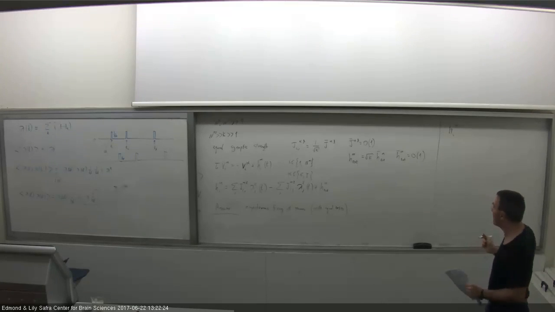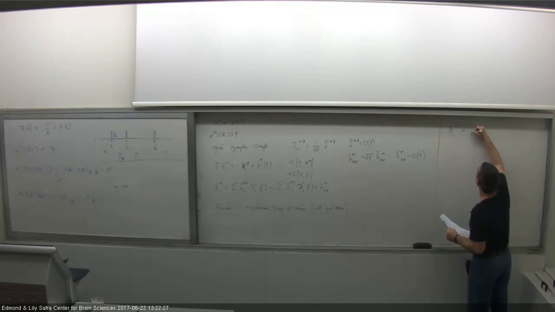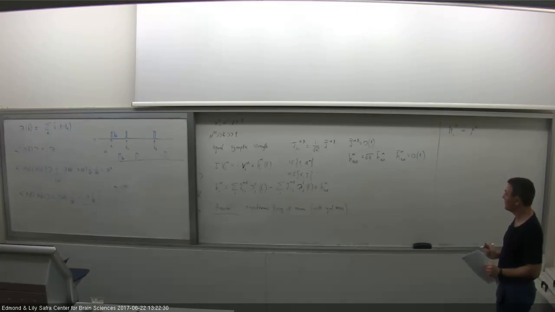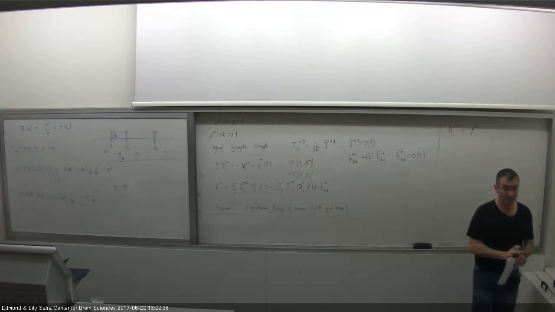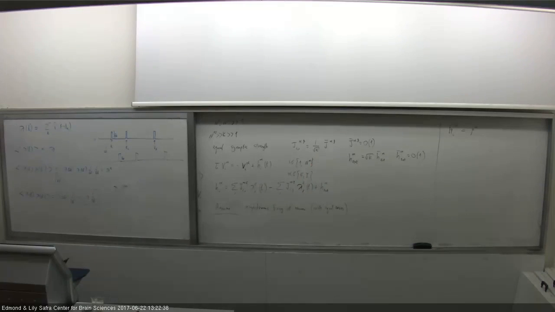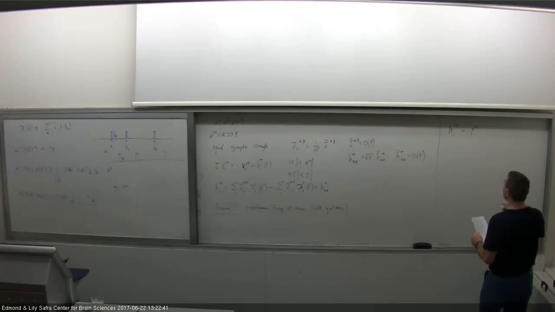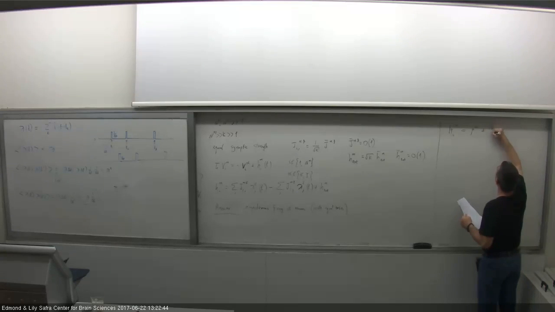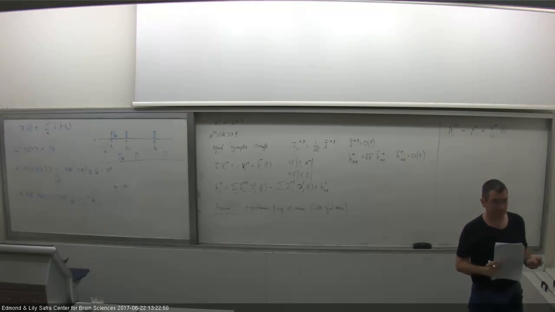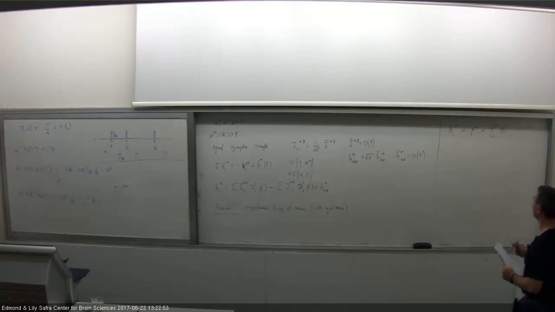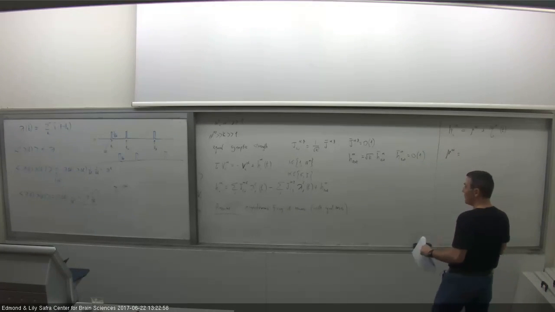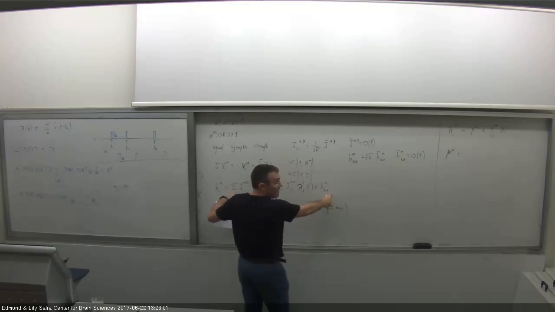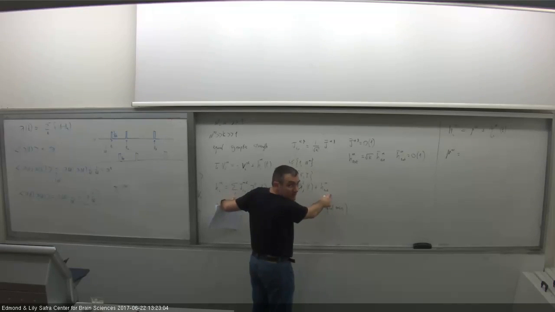So the input to a neuron has 2 components. There is a constant component, which corresponds to the average of this term, plus a time-dependent component, where mu alpha is just equal to the average of this, average over time.